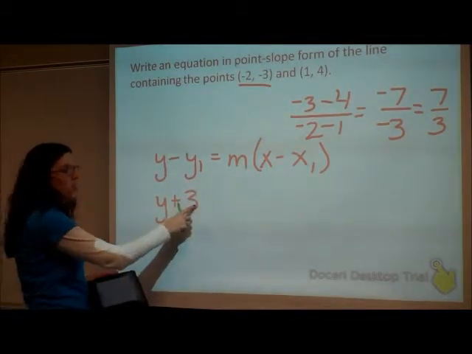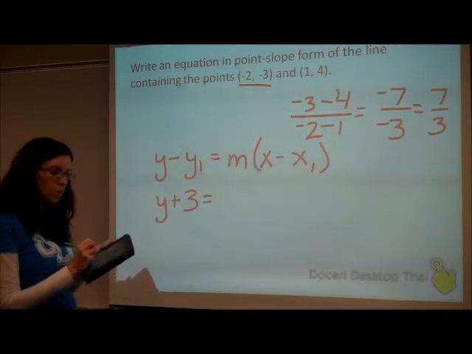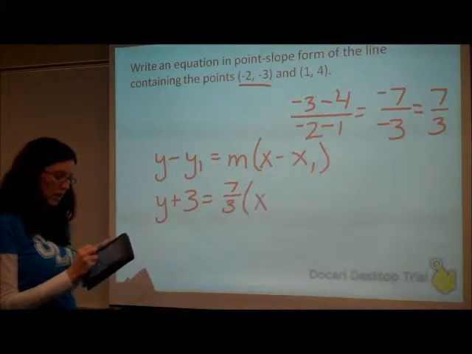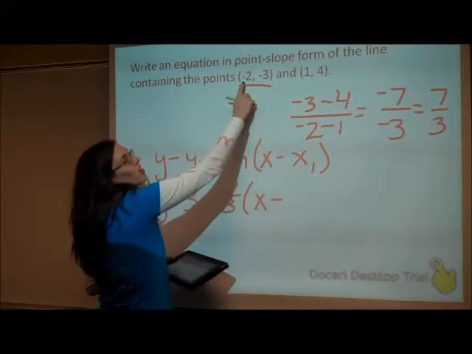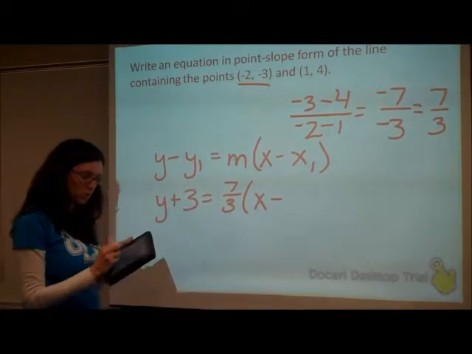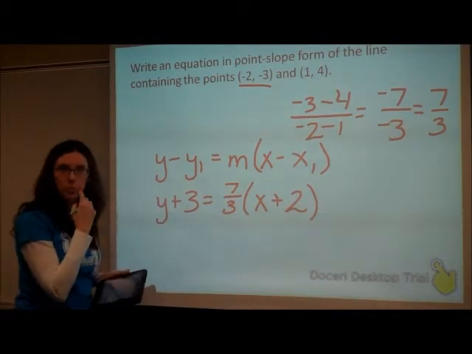So I'm going to rewrite that as plus 3 because it would be minus a negative, equals our slope, which was 7/3, times x minus the x value of the same point. I had used negative 3, so I have to use negative 2. Again, I'm going to rewrite that as x plus 2.